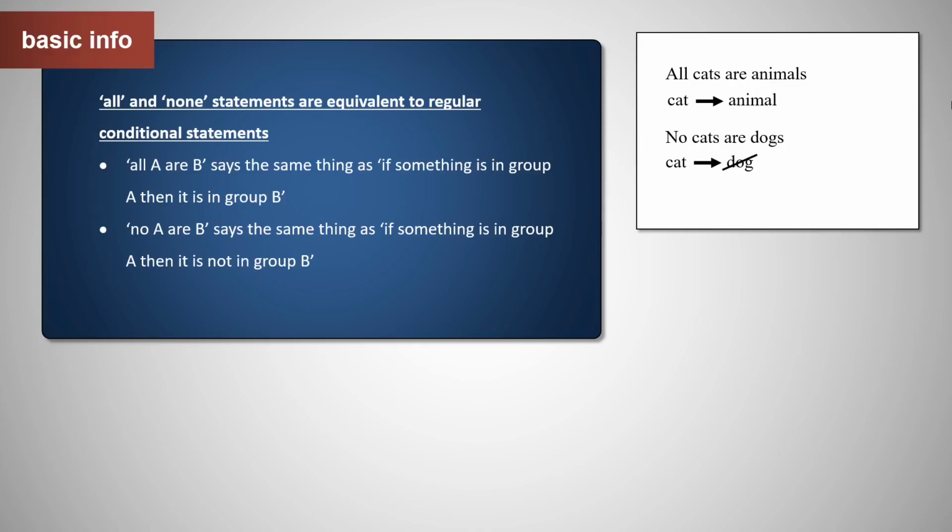No cats are dogs can be more straightforwardly expressed as if it's a cat, then it's not a dog. So when you see that no is the quantifier that relates two groups or two elements, what you're dealing with is an if A then not B relationship.